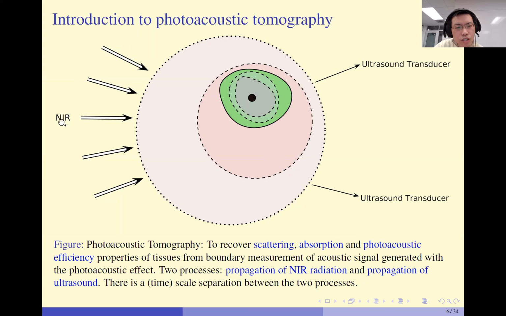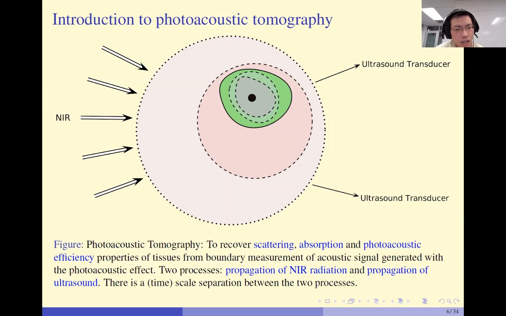You inject this near-infrared laser into this medium. And also you put this ultrasound transducer, which is just some kind of sensor, around this medium. Then when the near-infrared laser photons propagate into this medium, they get scattered and also absorbed. When the photons get absorbed by the medium, it gets heated because of this photon energy.